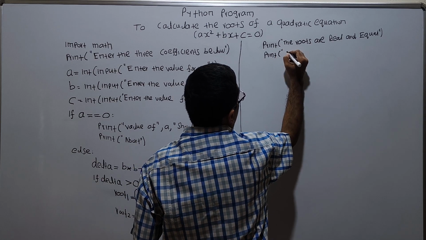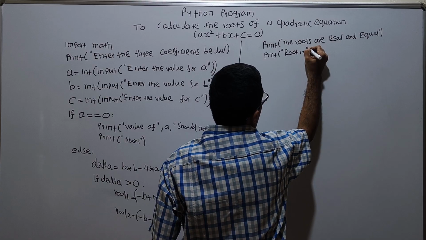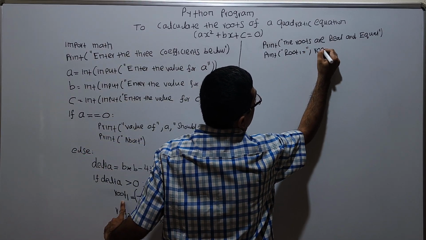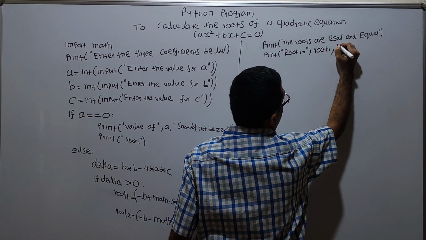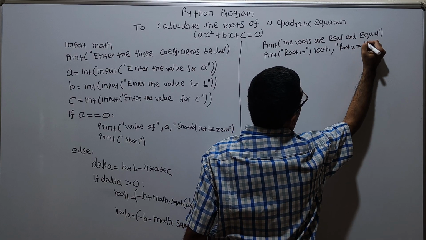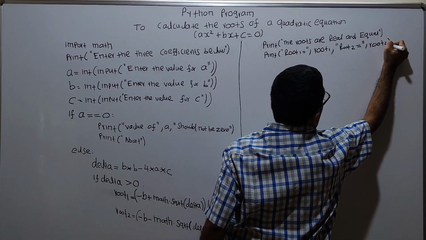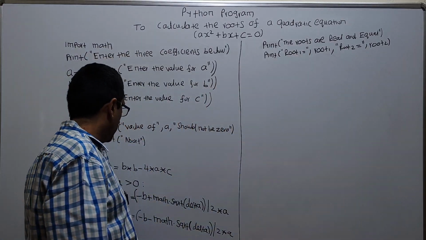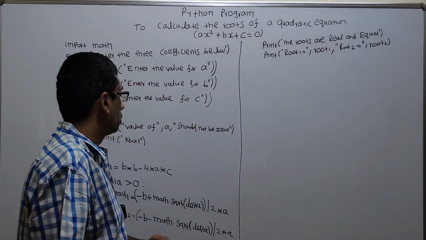Print "root 1 equal to", followed by the variable root 1, comma, "root 2 equal to", I'm closing the double quotation, followed by the variable root 2. So here I am printing the string root 1 equal to the variable root 1 and root 2 equal to the variable root 2.